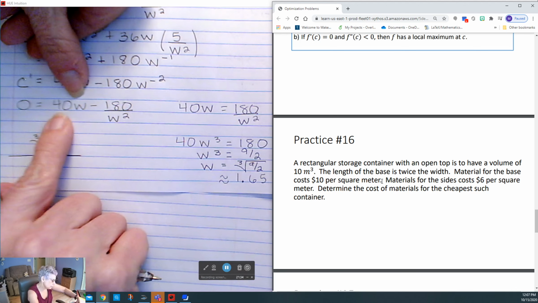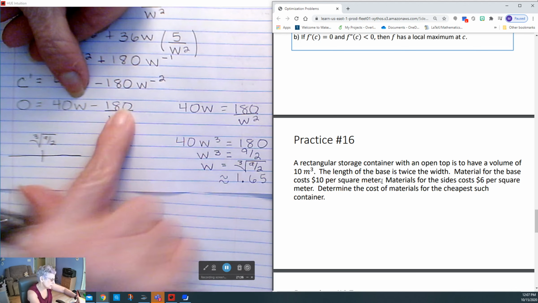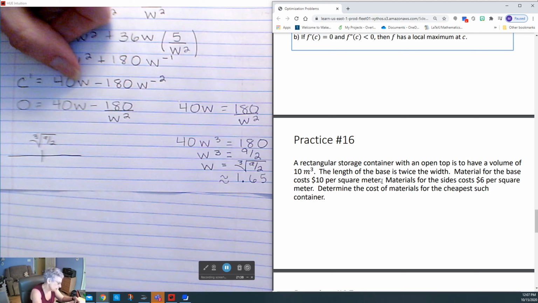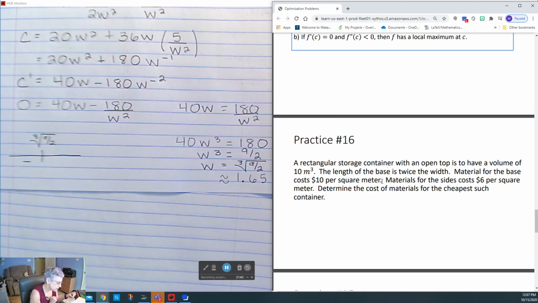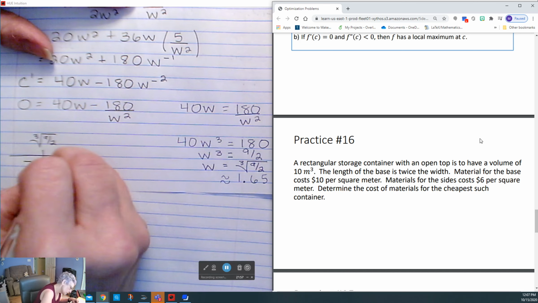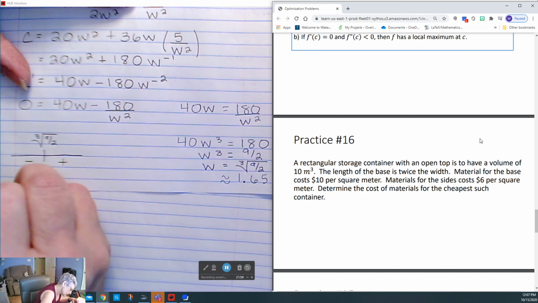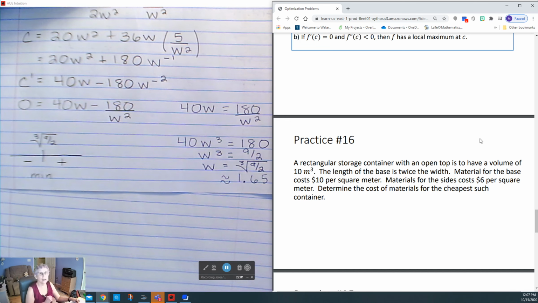Then I would have 40 times 1 minus 180 over 1, which would be a negative thing. Then I put in something bigger, something like 2. So if I put in 2, I would have 40 times 2 minus 180 divided by 4, which gives me a positive thing, which means I have a minimum.